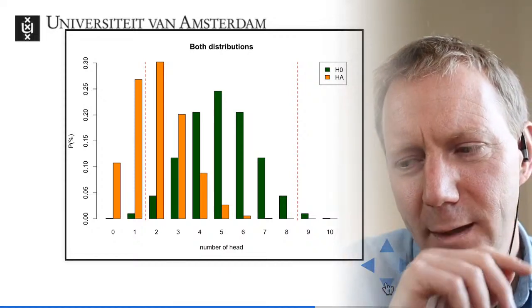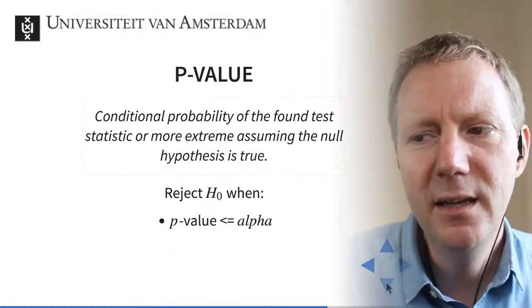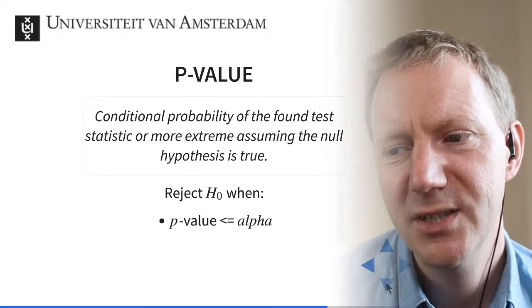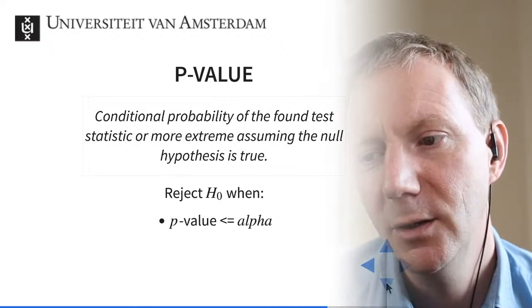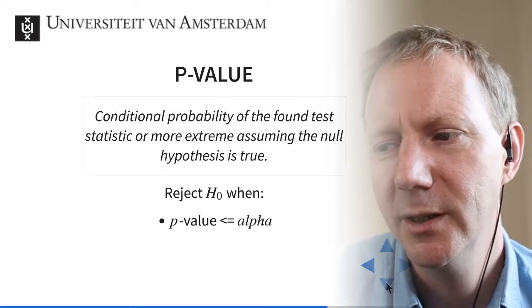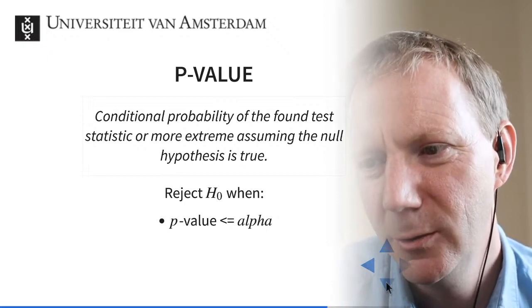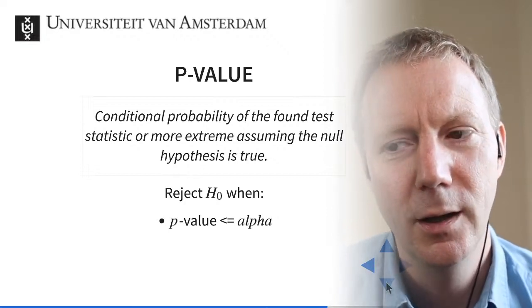When we go to the next slide, you can see that we define the p-value as the conditional probability of the found test statistic, or more extreme, assuming that the null hypothesis is true. This is a bit double, because assuming the null hypothesis is true actually means the same as a conditional probability.